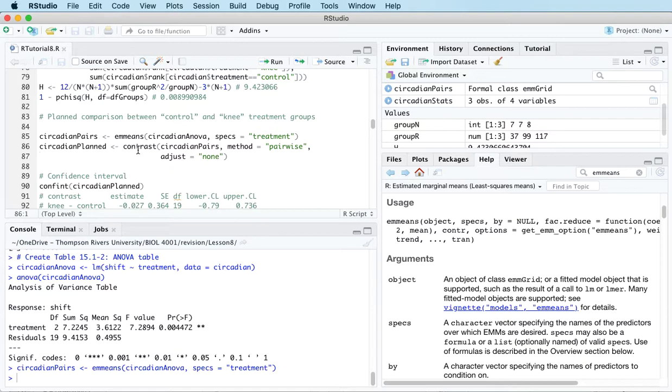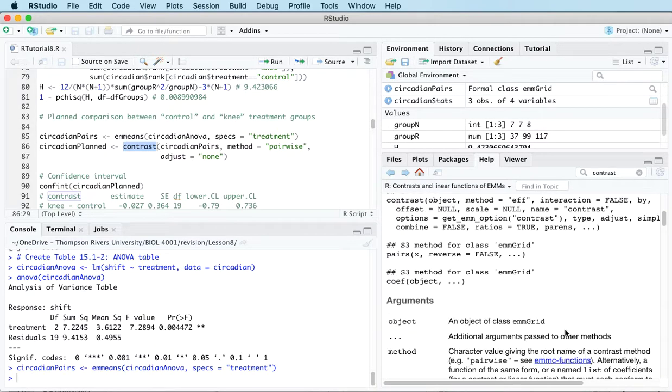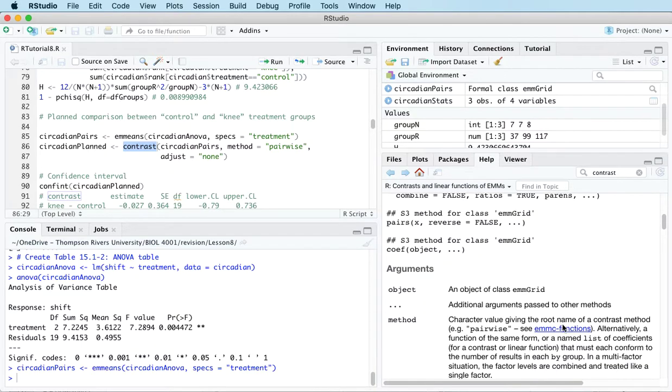Then we're going to use the contrast function. Let's have a look at the contrast function. This is also in the emmeans package, and again, this tells you all the different things that it's able to do.